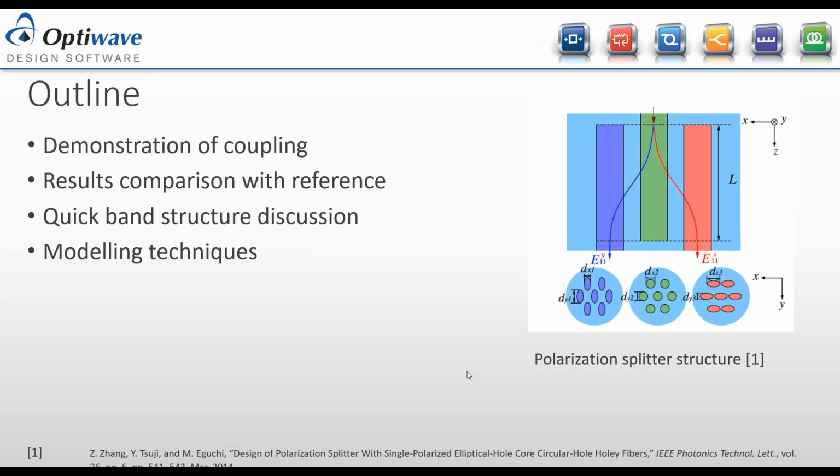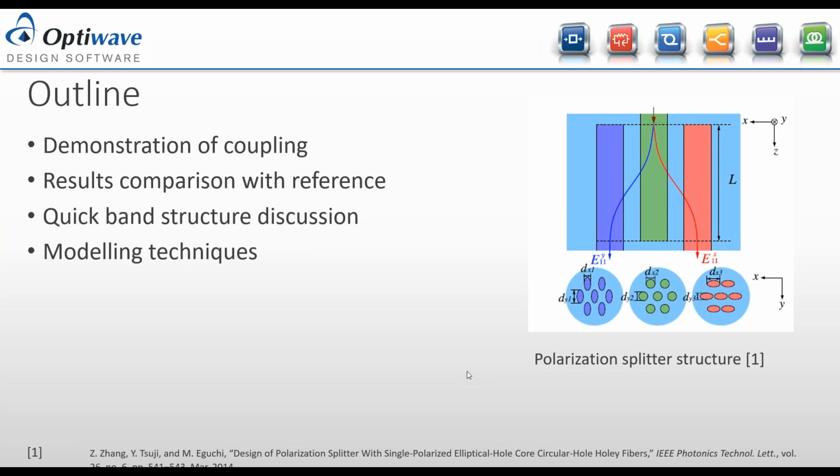However, interestingly, if you choose a more asymmetric type core, on the left in the purple or on the right in the red, that have an elliptical type core, you can design it so that it's single mode and also single polarization. So it won't support an X-polarized mode on the left. The purple one is called the EY type core that only supports a Y-polarized mode. And on the right is the EX type core, which only supports an X-polarized mode.